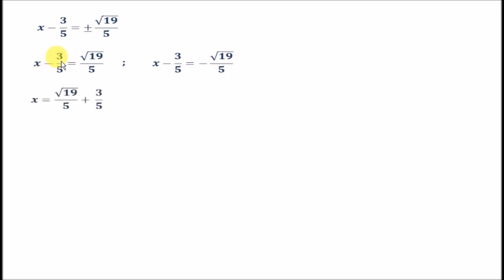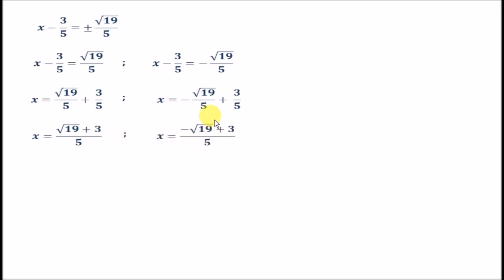So now shifting minus 3/5 to the other side, we will get x = √19/5 + 3/5, and on the other side x = −√19/5 + 3/5. The LCM will be 5, and on the numerator we will get √19 + 3.